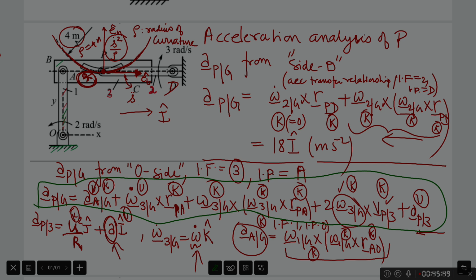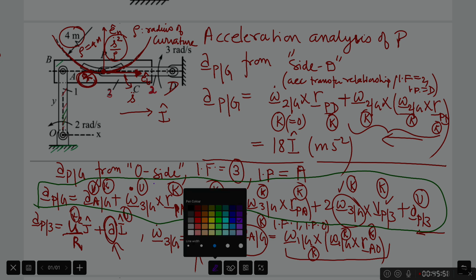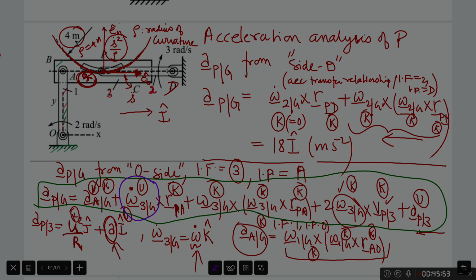One is here, one is here, another is here. These are unknown quantities, and I have expressed them in vector form using two unknown scalars. One is A and the other is omega dot. What am I going to do next?